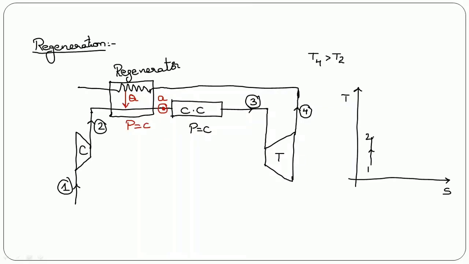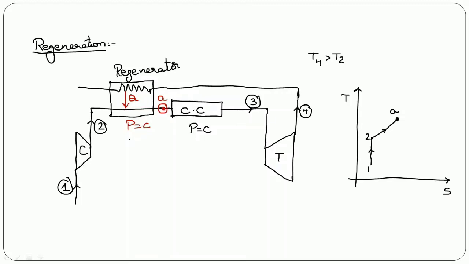See, 2 to A, the temperature of the air is increasing because of the exchange of heat in the regenerator, and this 2 to A process is not external heat supplied, it is just utilization of heat, or effective utilization of heat that is usually lost. So we are effectively utilizing that heat in order to heat the air that is entering into the combustion chamber.